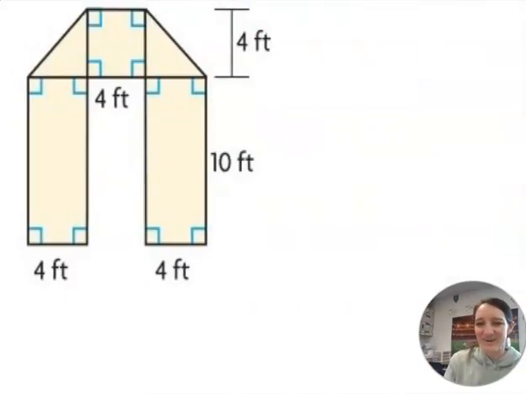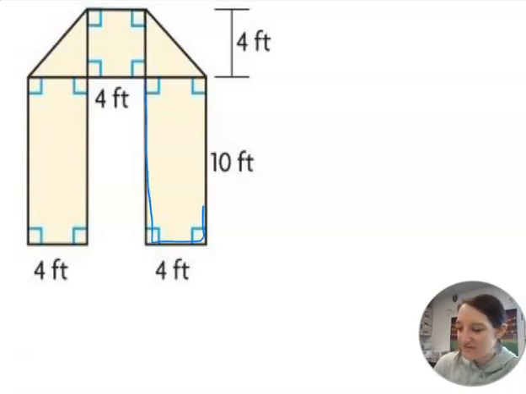So let's look at this one and let me show you how we can break it up to make it a bit easier. Okay. Do you notice any shapes? Easier shapes you already know the formula of? You see a rectangle right here, don't you? And you know that a rectangle is base times height.